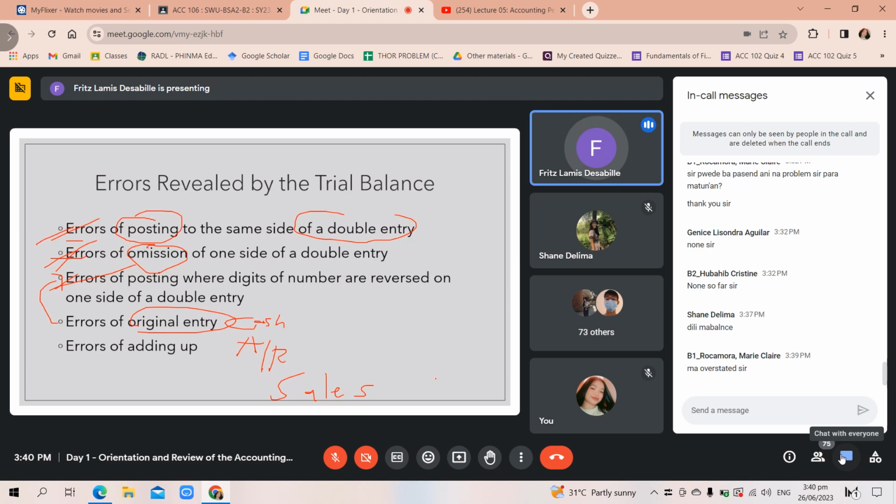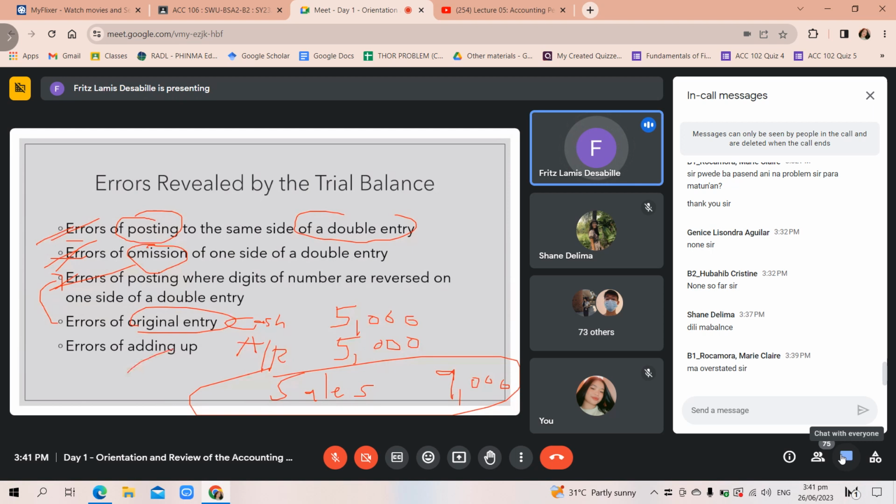Ang cash nga nadawat kay 5,000, ug ang AR nga na-recognize kay 5,000. Pero ang pag-add up nimo sa duha, exaggerated kaayo ni, pag-credit nimo sa sales 9,000 lang. So errors of adding up, wala nimo na-add up tarong ang debits nimo, sayop imong credit. So mao na siya ang errors of adding up.